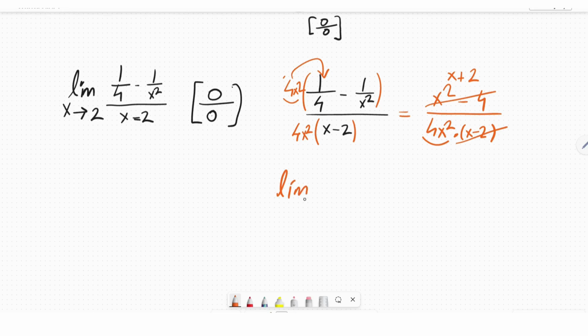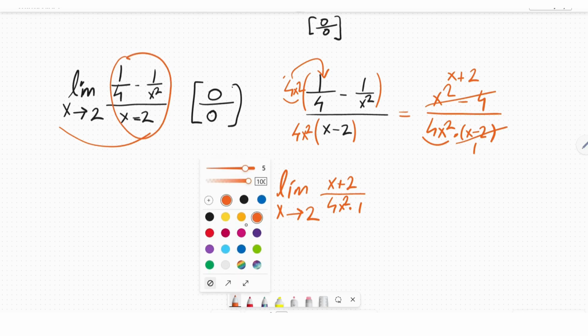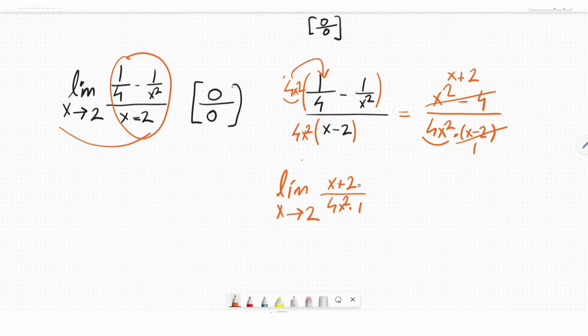Finally, we can directly find out limit of our expression, limit as x goes to 2, by using this expression x plus 2 over 4x squared times 1. Okay, we have 1 here. So this expression is identical to this expression. Attention here. Now that's why we can directly find out limit value by substituting x is equal to 2 into our expression. 2 plus 2 over 4 times 2 squared. The answer is 4 over 16, 1 over 4.